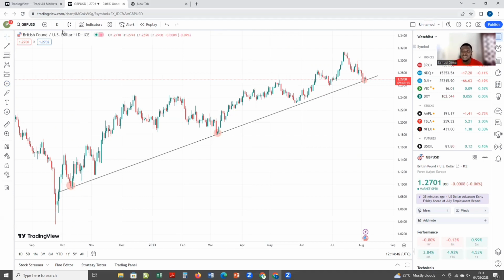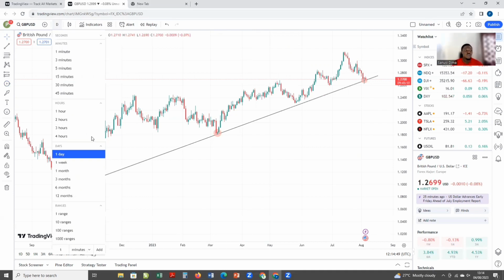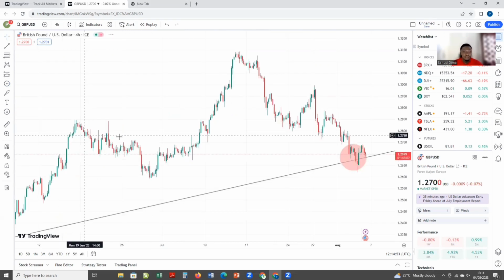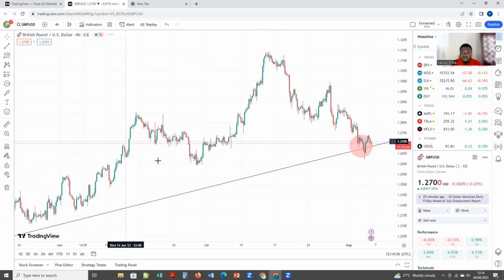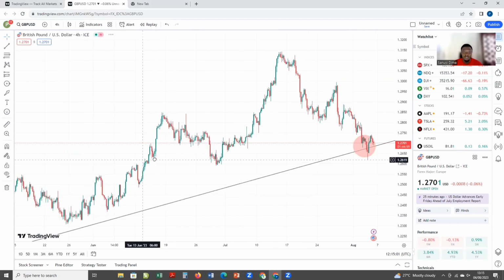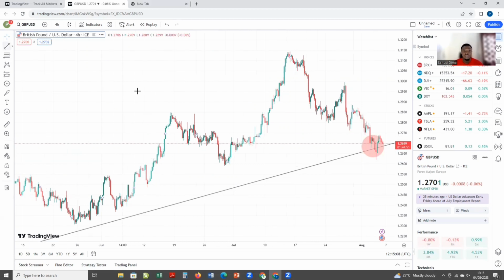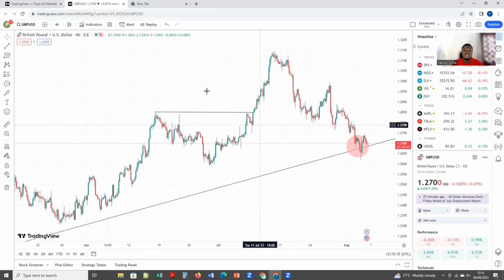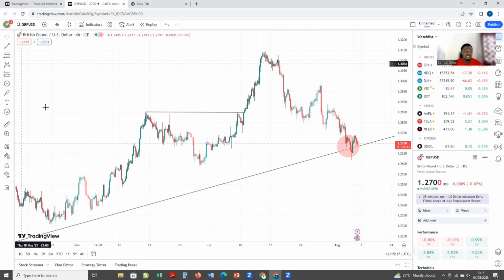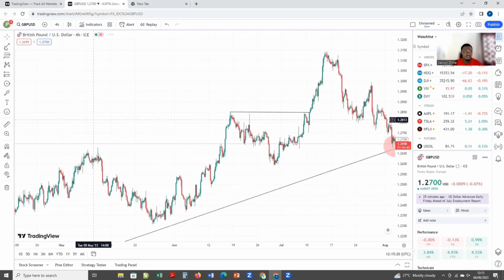I think we have 16 minutes left for the news. So quickly I'll go to 4 hours. On the 4-hour time frame, I'm seeing something very interesting. The reason why I'm going for a buy during the news is I'm seeing a break of structure right here, and I'm seeing the market still breaking another structure right here.